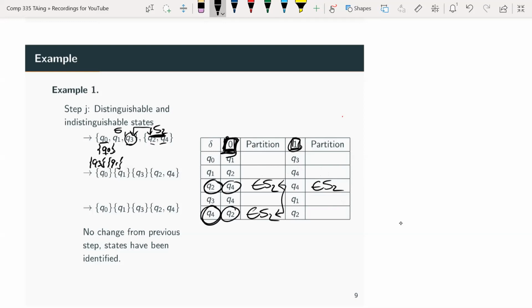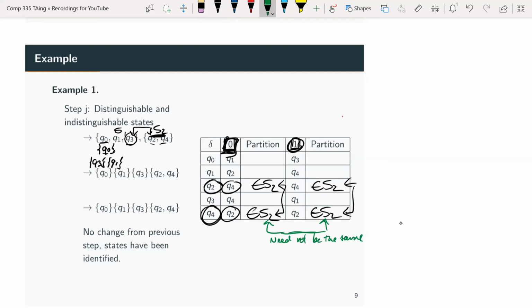If you're in Q4 and you see a 1, you go to Q2, which is also part of S2. So again, for the symbol 1, they go to the same partition. Notice that the partition they go to for 0 and for 1 need not be the same.